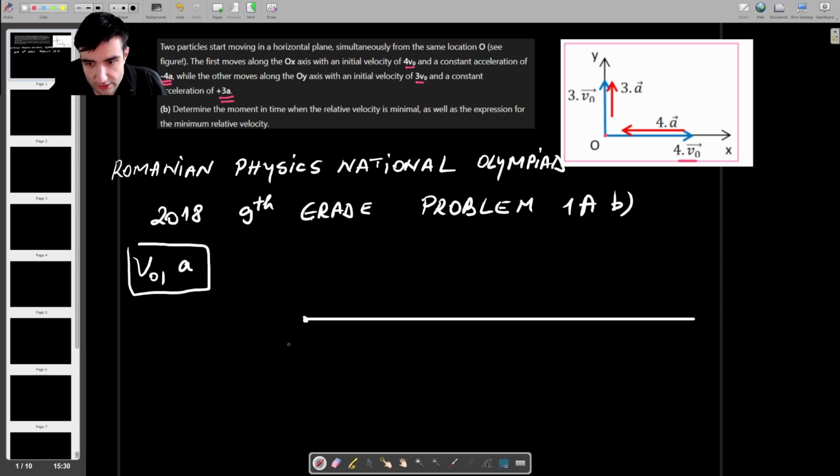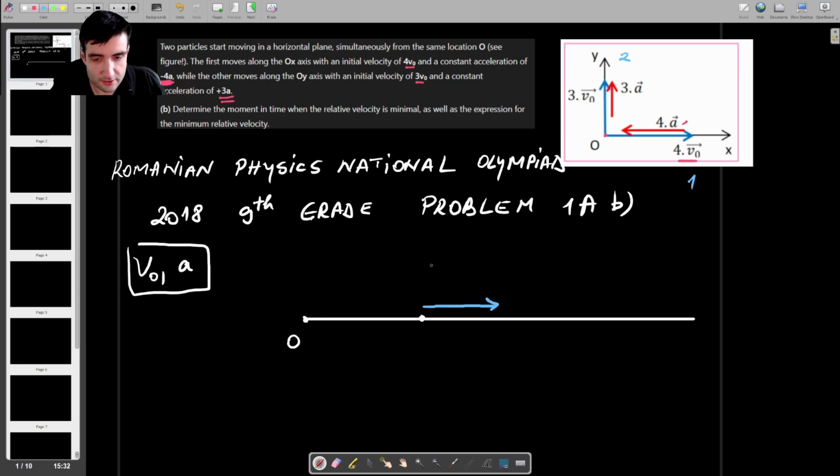So if this is point O, and the initial velocity of particle, let's call it particle 1, is going along x, and particle 2 is going along y. Now particle 1 initially has a velocity of 4v0, and it's actually slowing down, right? Because it has a constant acceleration of minus 4a, so minus means that, as the diagram suggests, the deceleration of particle 1 points to the left, whereas the initial velocity points to the right.